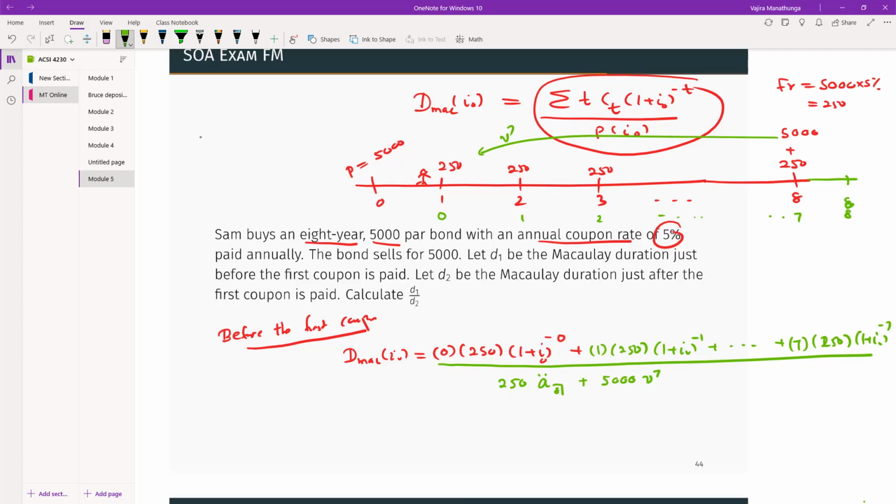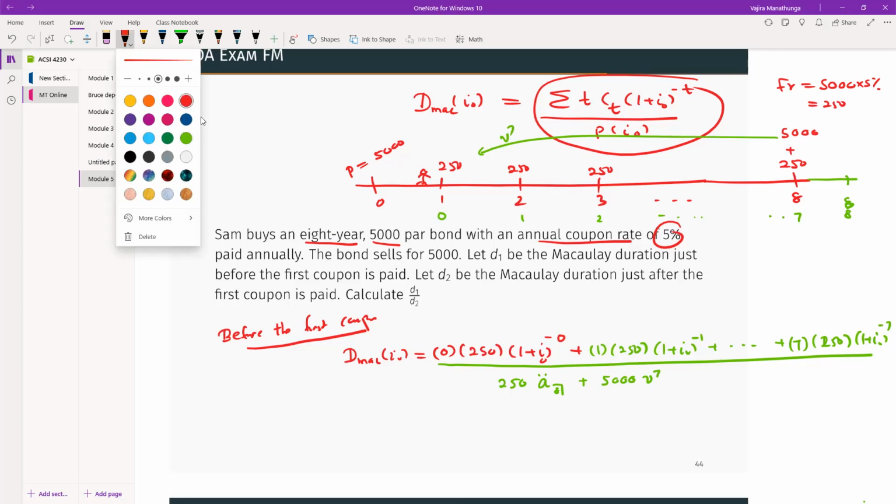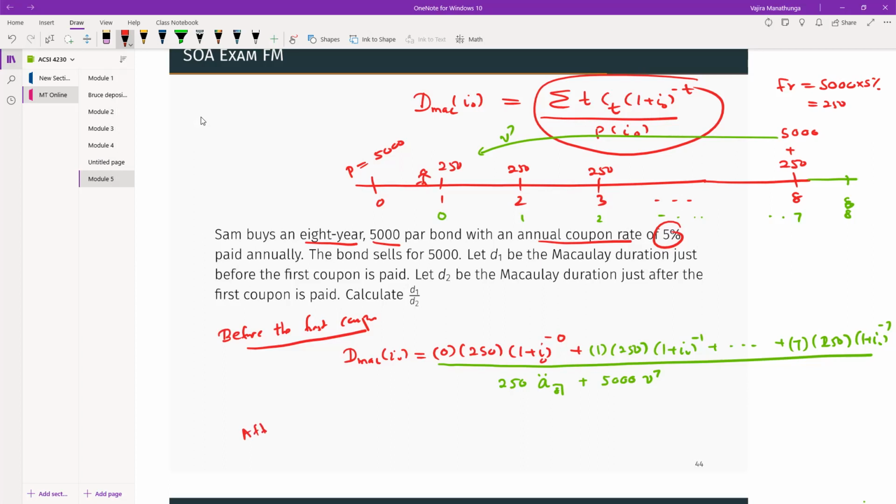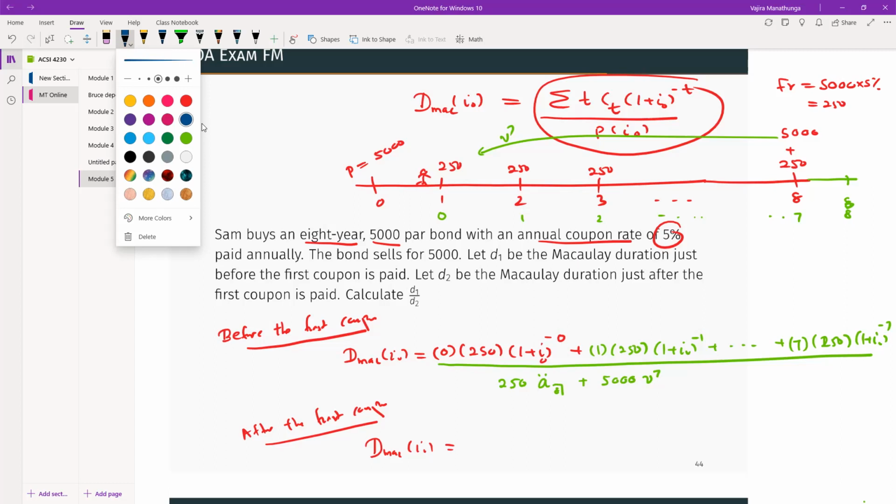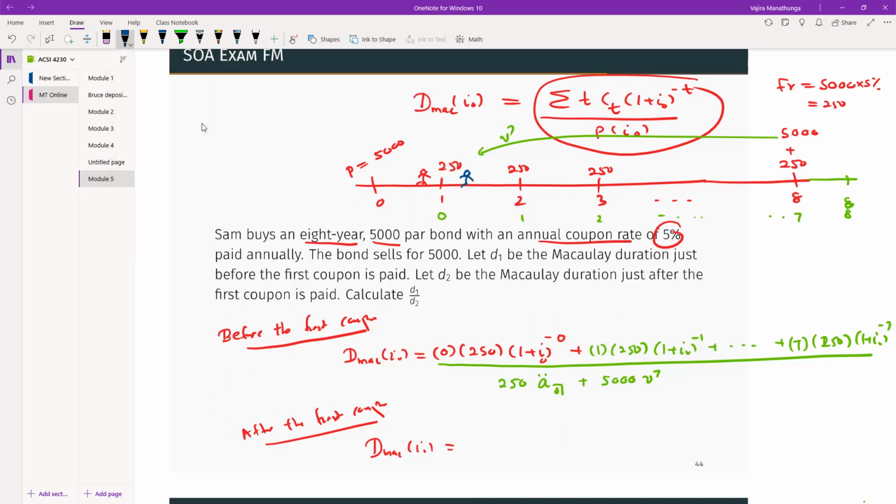Then after the first coupon, let's calculate the macaulay duration. So now we are standing after the first coupon.